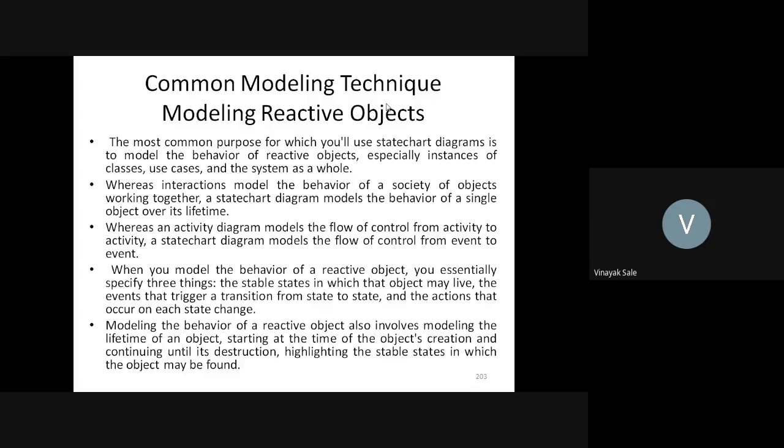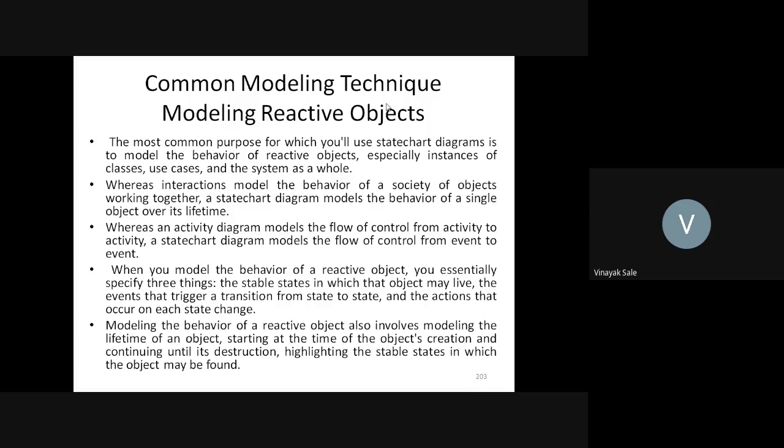When you model the behavior of reactive objects, you especially specify three things: the stable states in which objects may live, the events that trigger the transition from state to state, and the actions that occur on each state change.